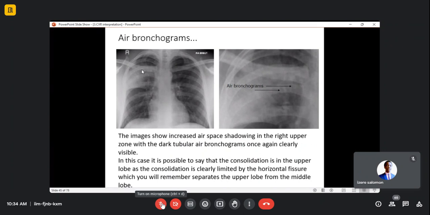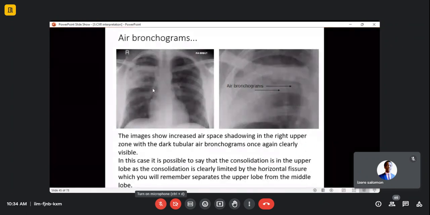But we are sure that this opacity is limited by a fissure. That is the horizontal fissure, considering the location of this limitation of the opacity. Normally, the horizontal fissure comes from the right hilum to the periphery this way. So this is a limitation by the horizontal fissure.